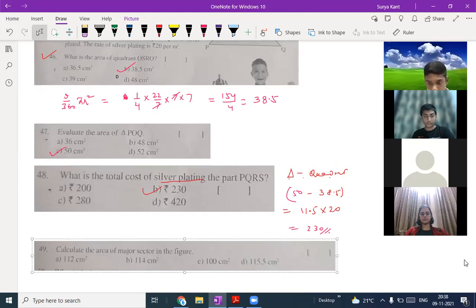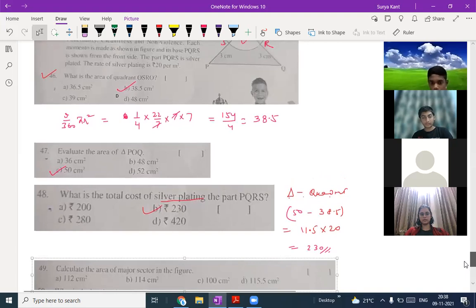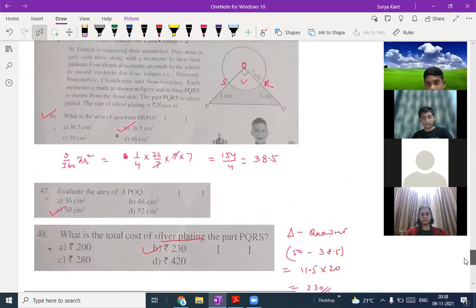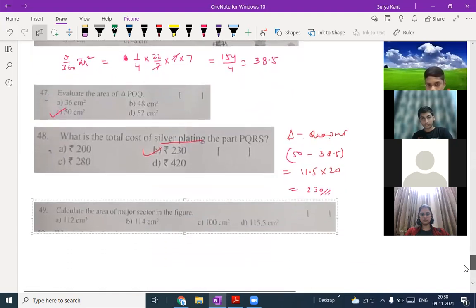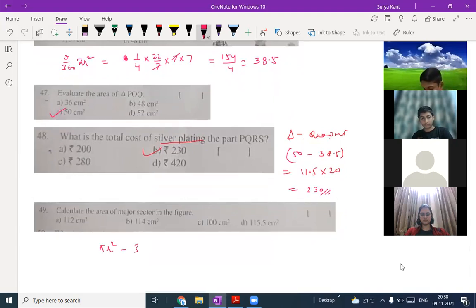So calculate the area of major sector in the figure. You have seen the major sector over here. Someone has answered also. 115.5, super. So here circle minus quadrant, right? Circle area you can find easily, pi r square, minus 38.5.